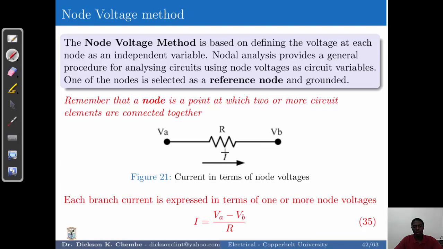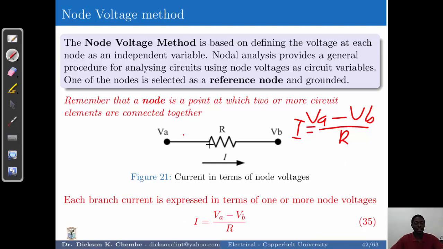Therefore, to determine this value of current, we take the higher potential, VA in this case, subtract the lower potential, and divide by the value of resistance, and that is how we find the current. This is what we express.